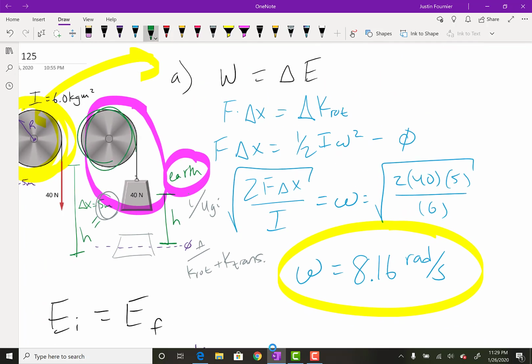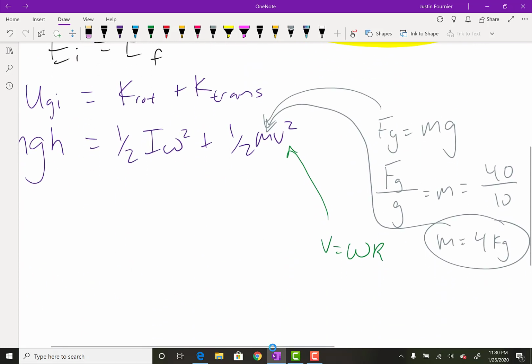Because of that, the linear velocity at this point is equal to the translational velocity of that mass, since it's essentially at the same line of action, the same outer radius as the disk. So I can use that relationship over here.